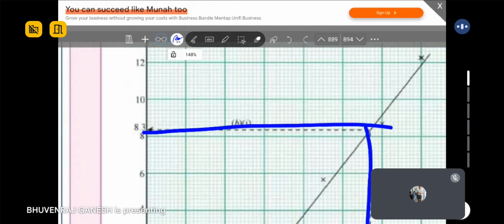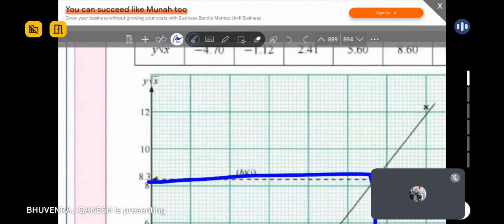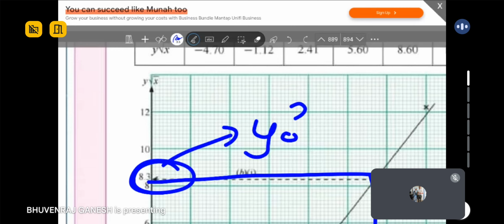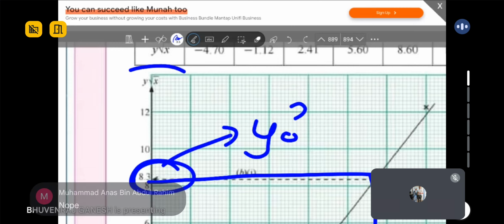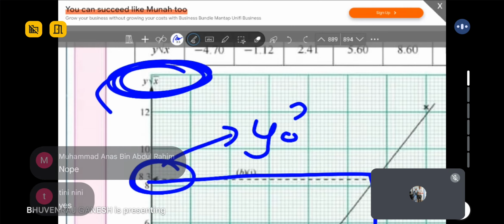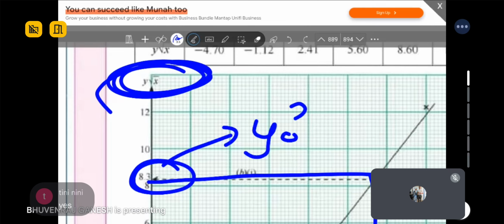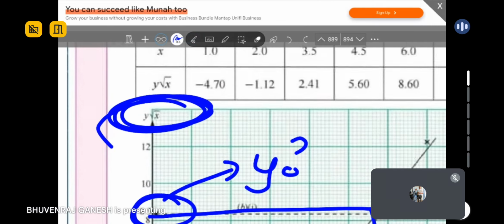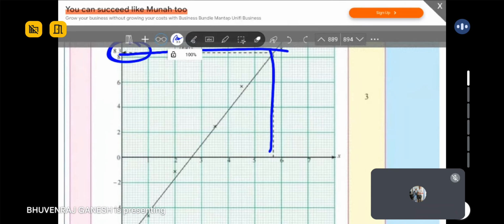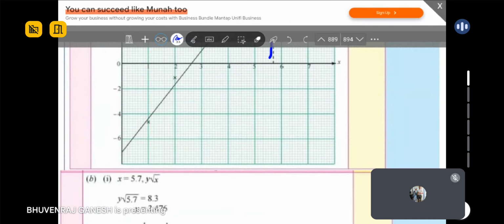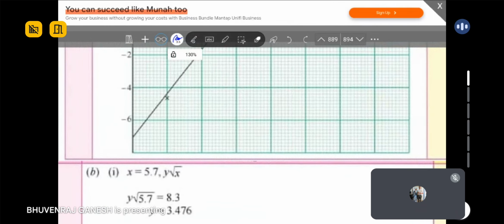Read the value. Okay, so guys, you must take note. Is this your y value, guys? Adakah ini nilai y? Yes or no? All of you here? Okay, remember. Selalu check paksi kamu, guys. Dalam hukum linear. Paksi kamu tu sangat penting. Your axis is very important. Okay, so it's actually y square root x. Okay, so means that y square root x equal to 8.3.